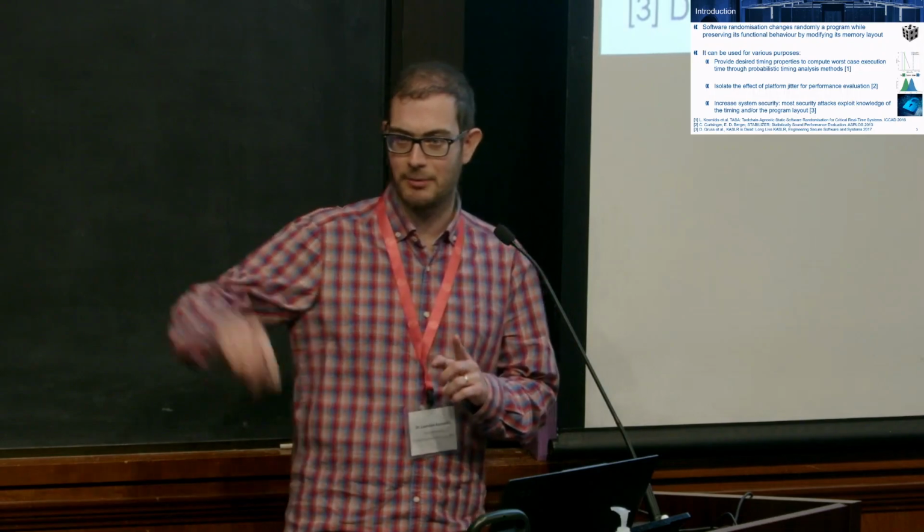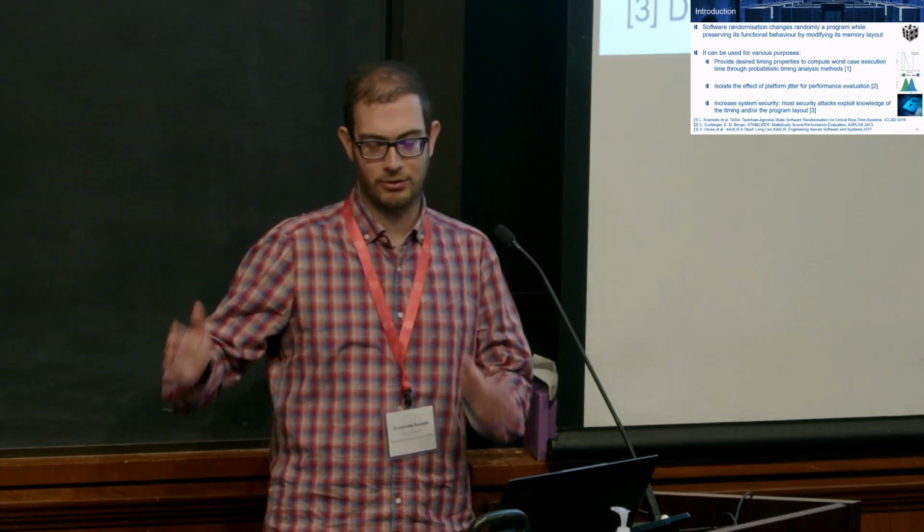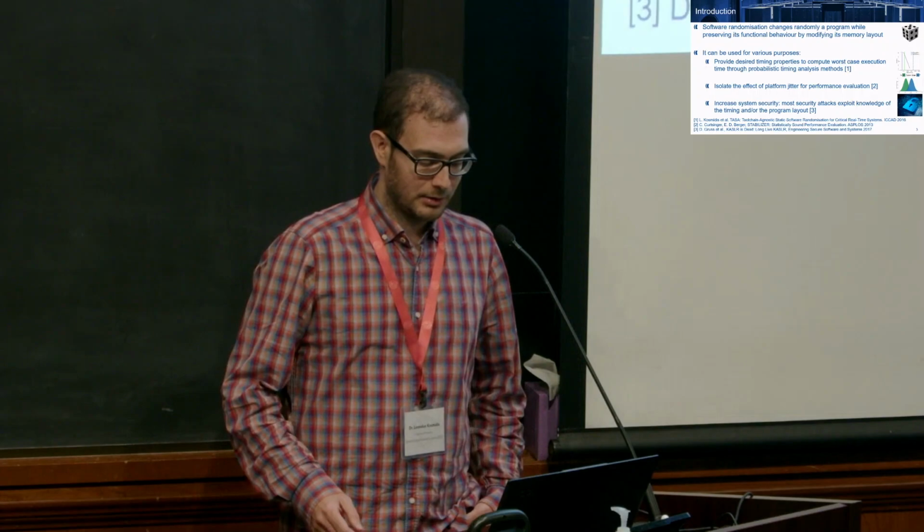So the first time that you execute a function, you go and patch the location. But this is not good for real-time software. So I created an eager version that does the software randomization before you start executing. But for large flight software, this takes forever. If you reboot, you have a lot of overhead. Thank you.